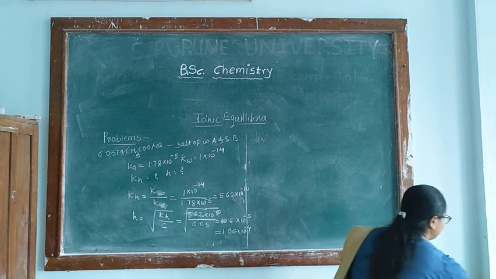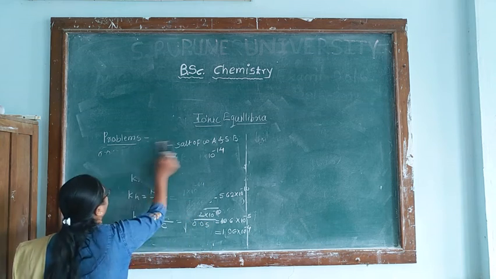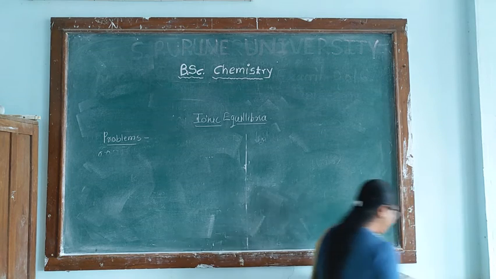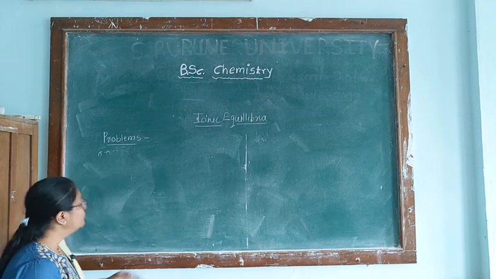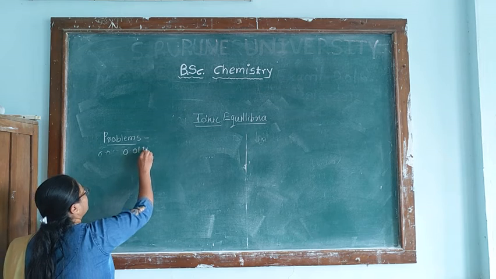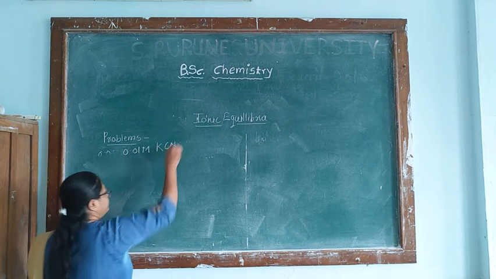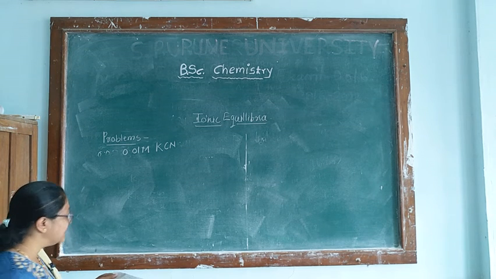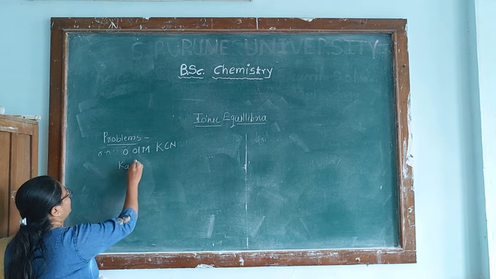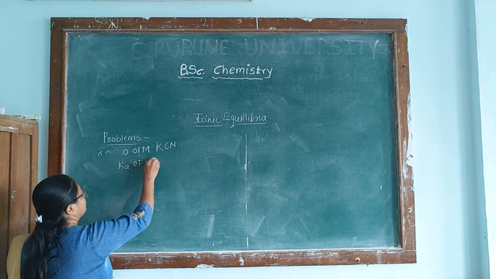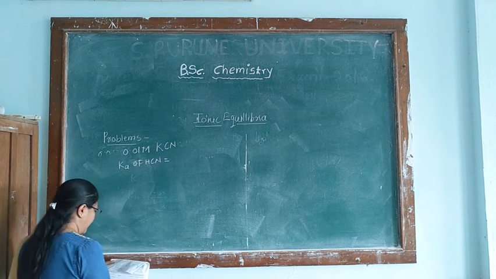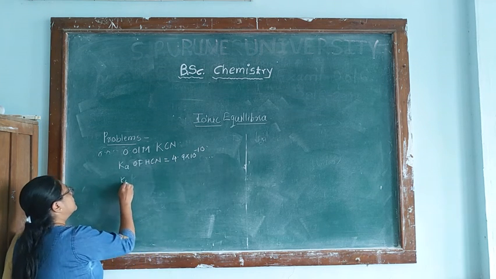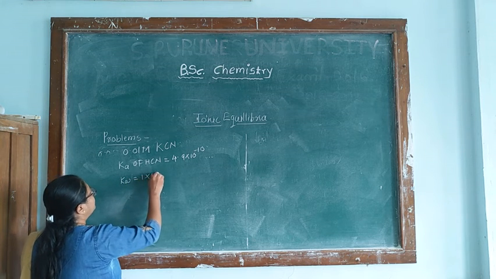Now the next problem. Calculate the pH of 0.01 molar potassium cyanide at 25 degrees Celsius if Ka of HCN, hydrogen cyanide, is 4.9 into 10 to the power minus 10, and the ionization constant for water is 1 into 10 to the power minus 14.